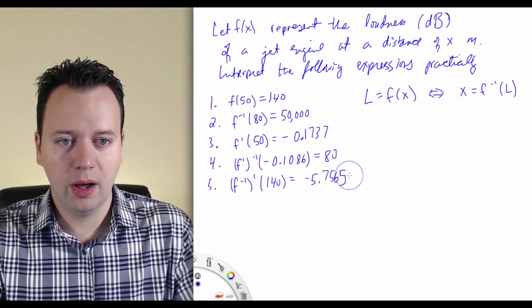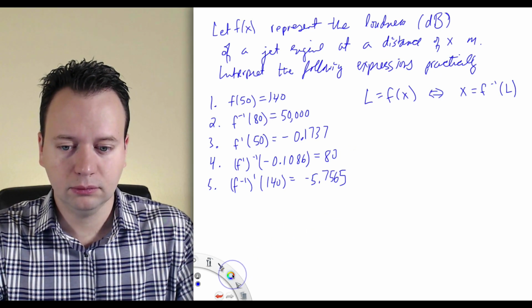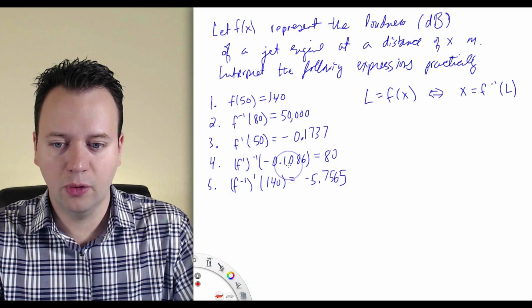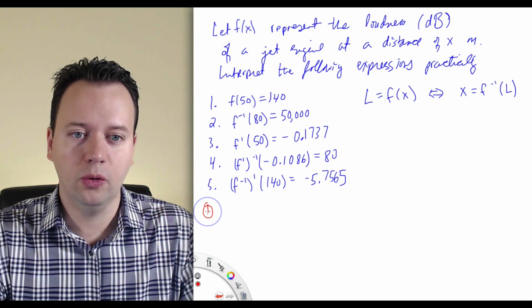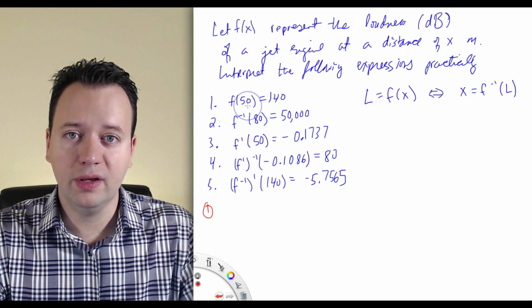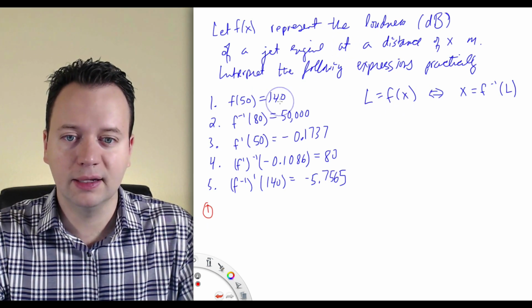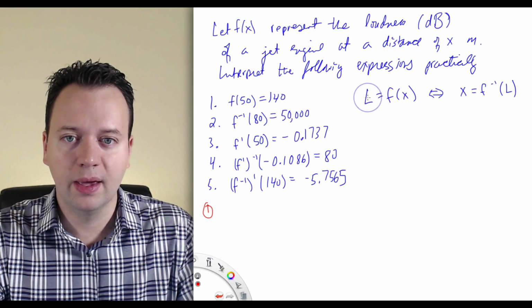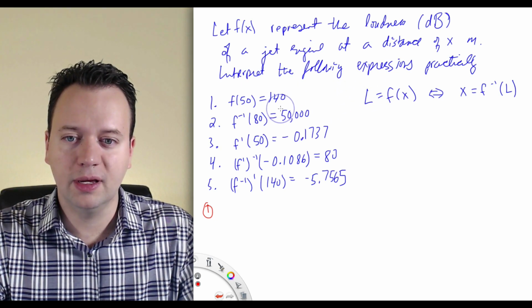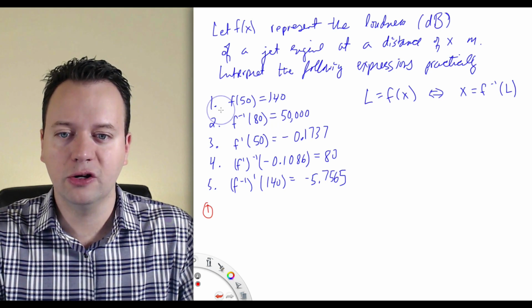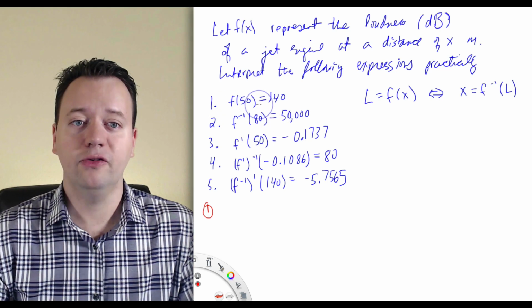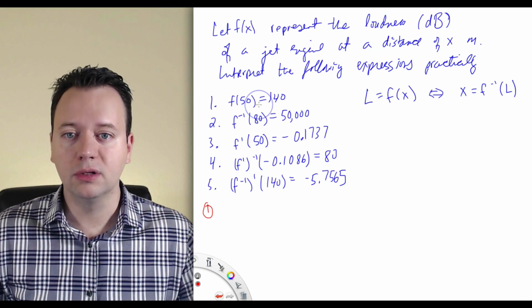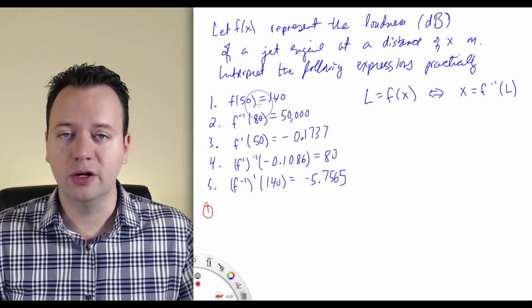So for number 1, what does that mean practically? F of 50 is equal to 140. Well, 50 has the place of x, and 140 has the place of L. Number 1's the easiest because they tell us what the function f means practically. F of x is the loudness in decibels of a jet engine at a distance x meters from the engine.